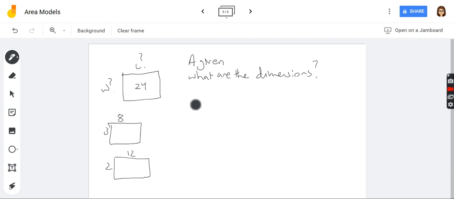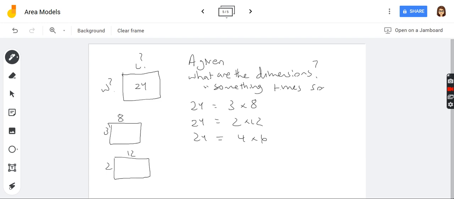So writing a number as something times something is the opposite of doing the multiplication and getting the answer. So I can write 24 as lots of different things, right? I could do this, I could do this, right? And so writing a number as something times something, so I'm going to write that over here.